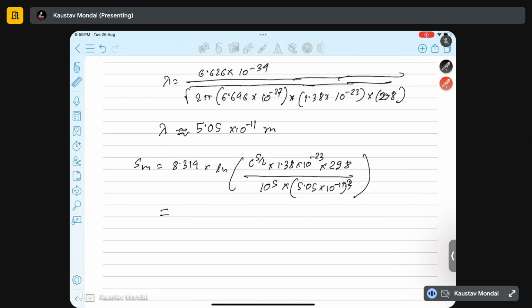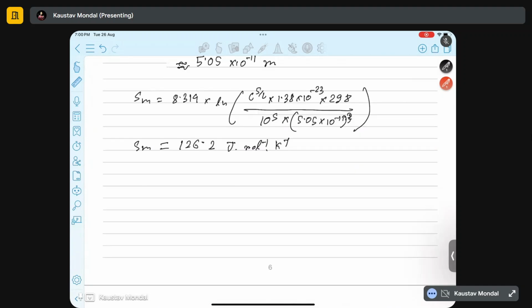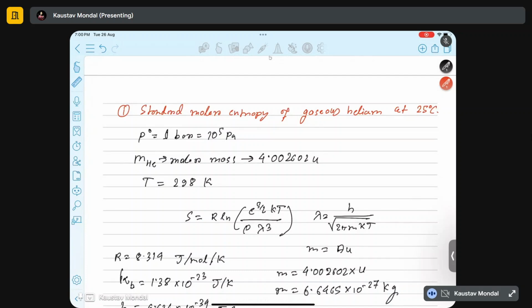Now if you take the ln of this and multiply it by 8.314, you get Sm equal to 126.2 joule per mole per Kelvin. So this is the entropy you are getting. Now we will do a similar problem with a different molecular mass.